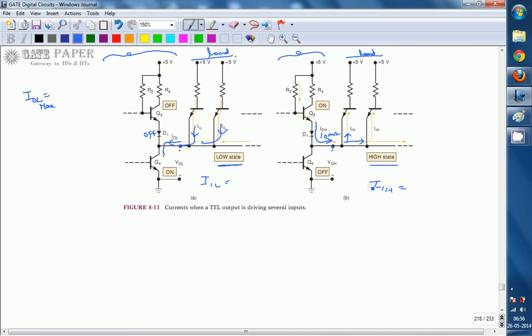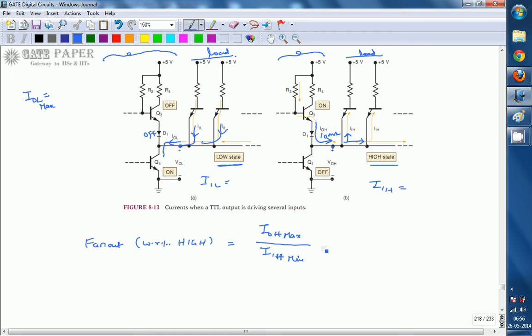So from this we can calculate fan out with respect to high level, which is IOH maximum divided by IIH minimum.